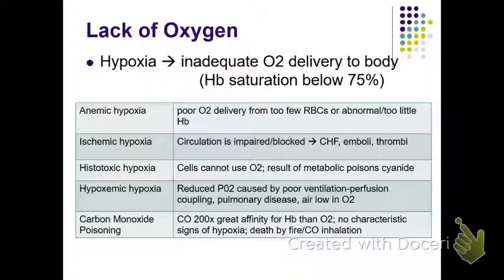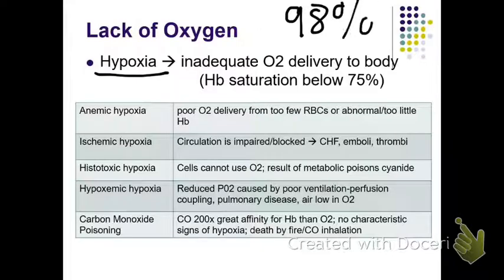So the lack of oxygen has a great impact on our body, and the lack of oxygen is called hypoxia. And when you're at the doctor's office, they put this little infrared sensor on your finger, and we typically want to have an oxygen saturation of anywhere above 98%. That means all of the hemes in our blood are binding to oxygen and our body is getting enough oxygen.